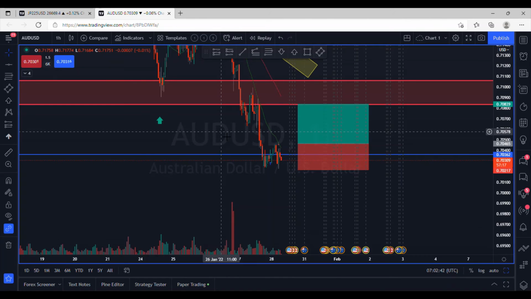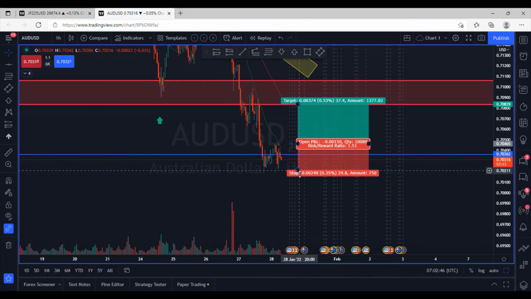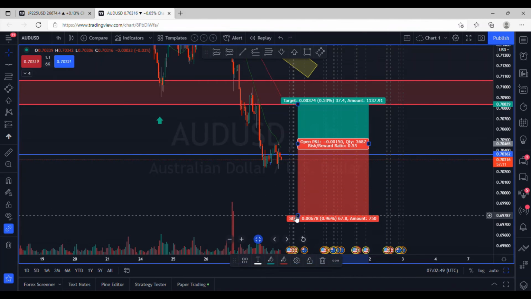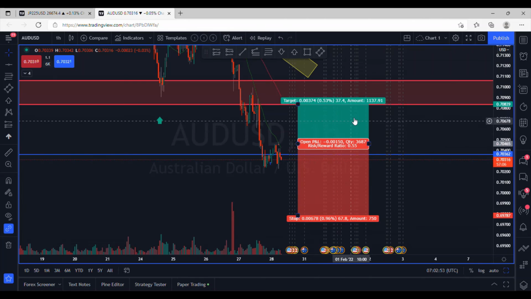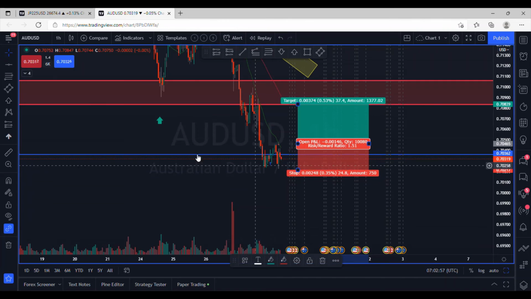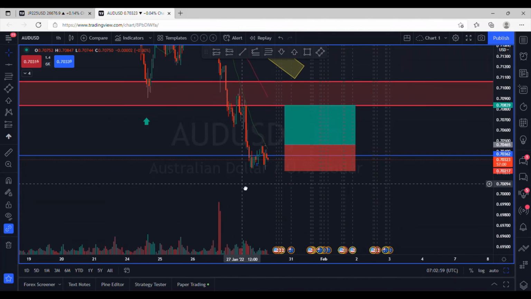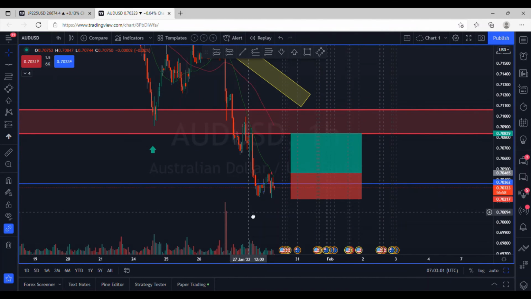You always want to make sure you've got your risk to reward the right way. You do not want an inverted risk to reward where you're risking this much to get this much. If you do that, you will lose money. You just need to be very careful on that.